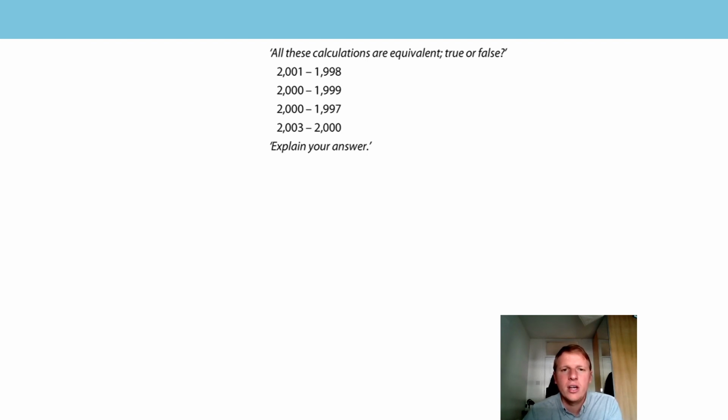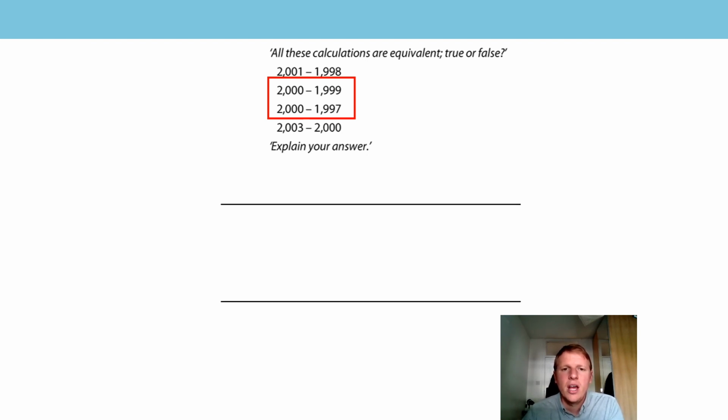Now I want to highlight two calculations. I'm going to start with these two calculations to prove why I think this is false. Did anybody else try to do the same thing? Let me show you on a number line why I think these two calculations show that this is false. I'm going to use my number line again. Both of them, the minuend is 2000, but the top calculation, the subtrahend, is 1999.